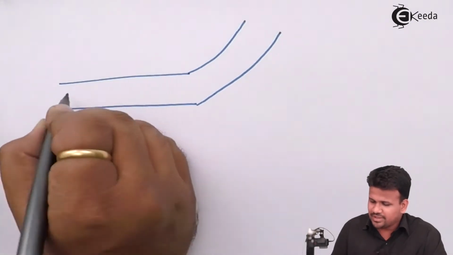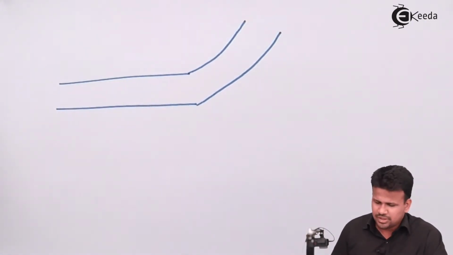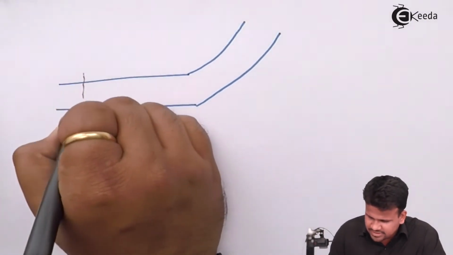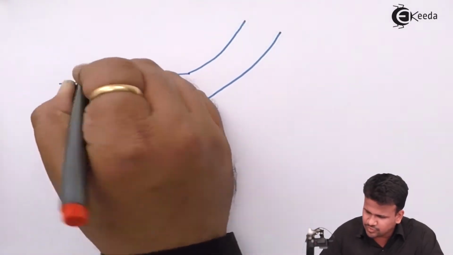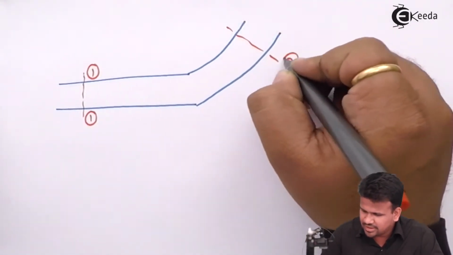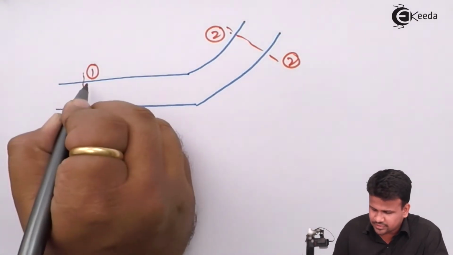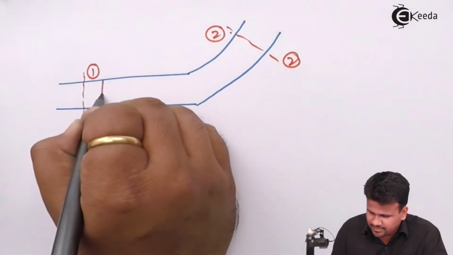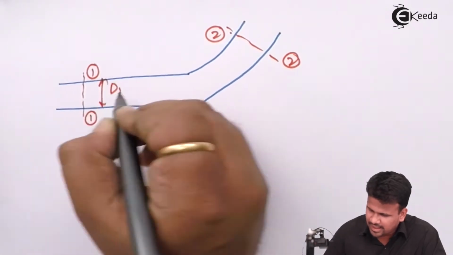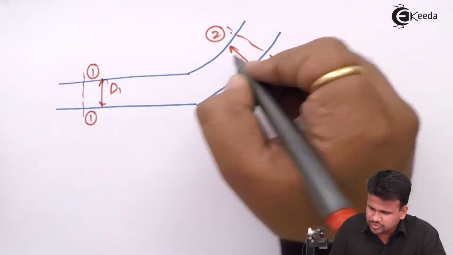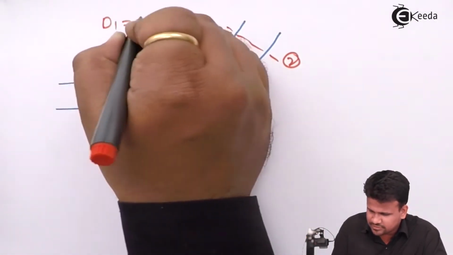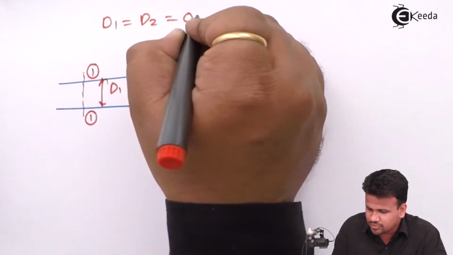So here the diameter is going to remain constant. Now we'll consider the inlet as section 1-1 and the outlet as section 2-2. What is given to us is diameter d1 and diameter d2, both are equal: d1 equals d2 equals 0.3 meters.